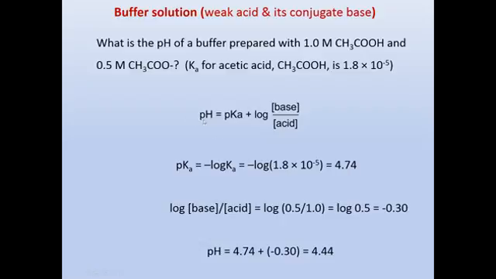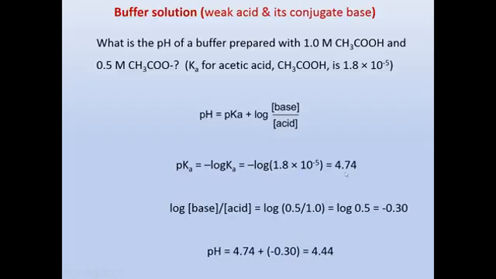So we go back to our formula. We know the pKa, we know the concentration of the base, which is 0.5 molar, we know the concentration of the acid, which is 1 molar, and so the log of the base over the acid is the log of 0.5 over 1, which is the same as the log of 0.5. You can do that on the calculator. You should get a value of negative 0.3.